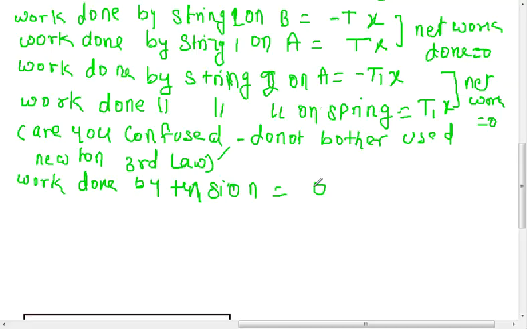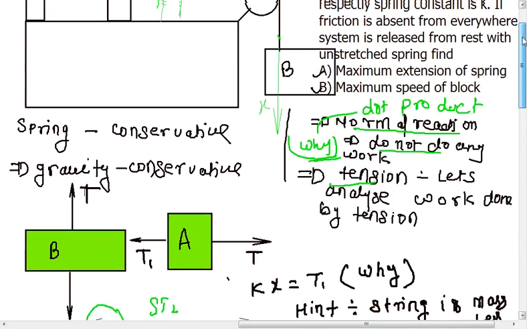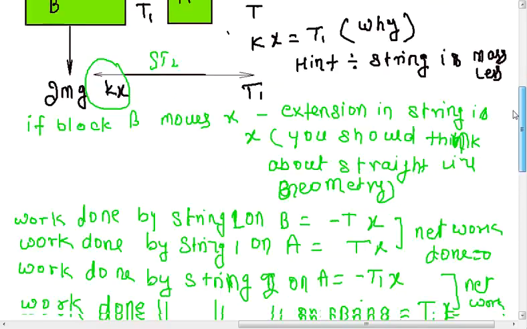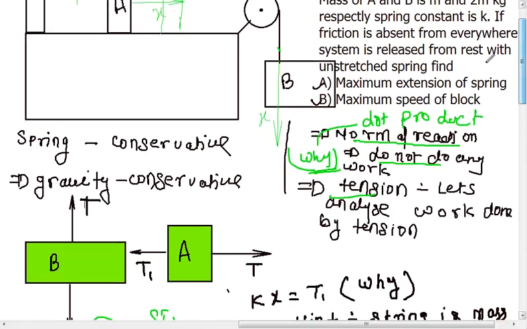And the good thing is, these two forces are conservative forces. Spring is doing work and gravity is doing work, and both of them are conservative forces, so energy is going to be conserved.